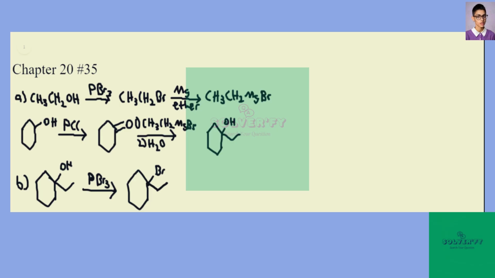Okay, so moving on. Here on the second page, we have C. And in C, we basically need to get rid of the alcohol to get from the product of A to the product of C. So I'm going to start from the product that we made in A, and I am going to treat that product with some concentrated sulfuric acid.